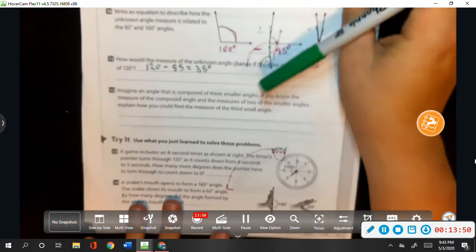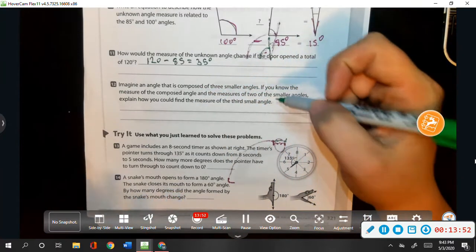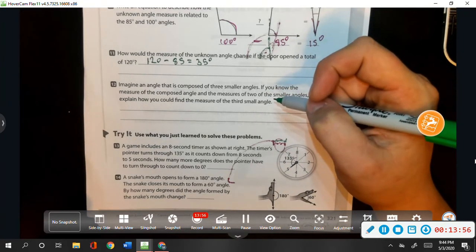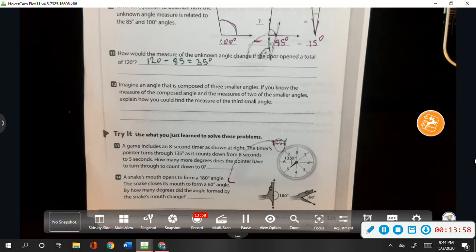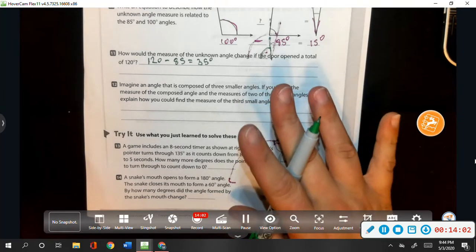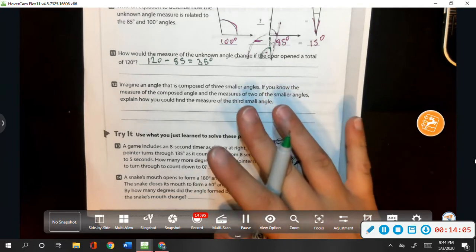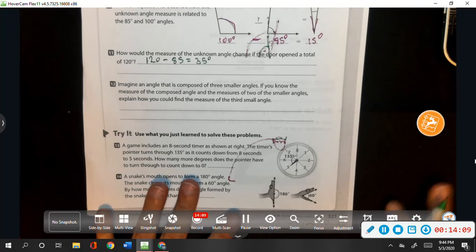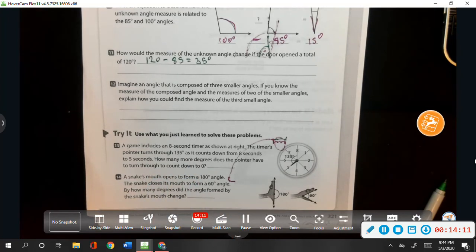Now imagine an angle that is composed of three smaller angles. If you know the measure of the composed angle, meaning the altogether angle, and the measure of two of the smaller angles, how could you find the measure of the third angle? It might help to draw yourself a model.